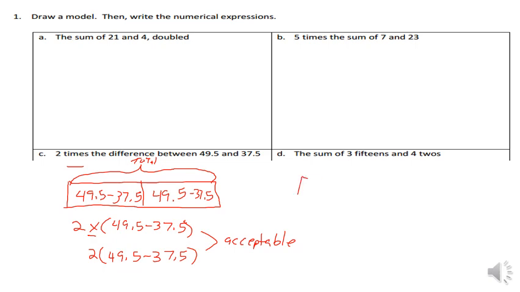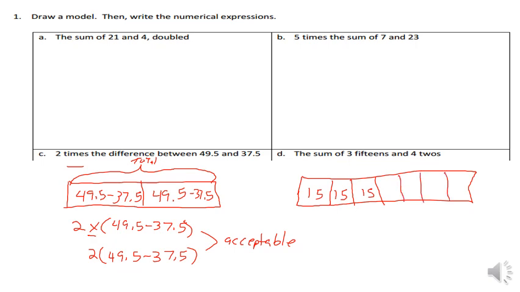On D, it says the sum of 3 15s and 4 2s. So I'm going to take my tape diagram. It said 3 15s, so there's 1, 2, 3, and I'm going to put 15 in each one of them. And 4 2s, there's 1, 2, 3, 4.